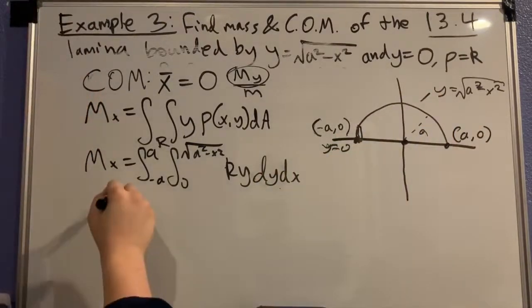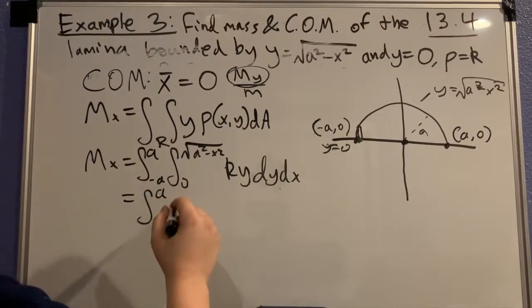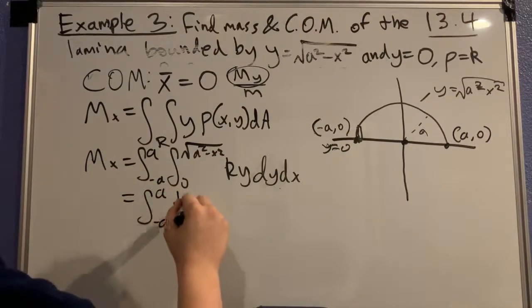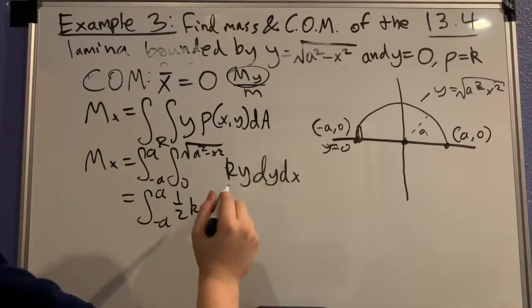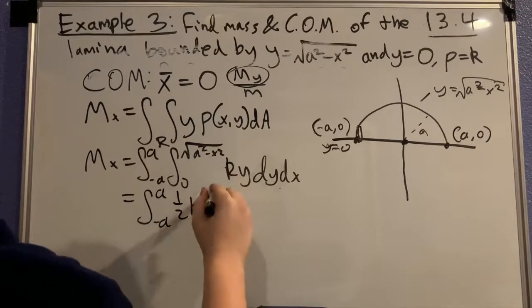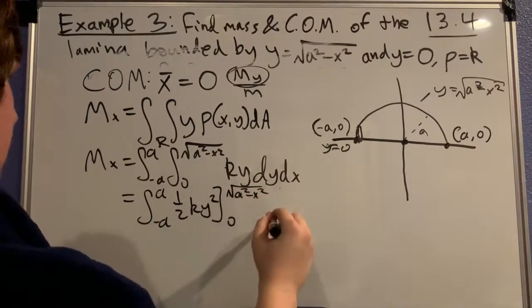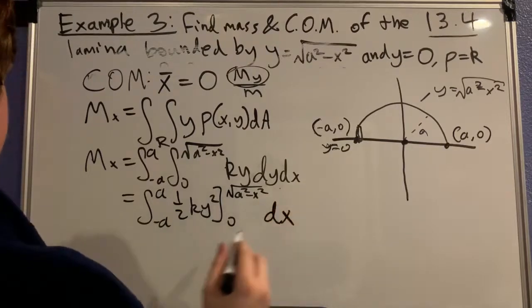So integrate the inside, and you get 1/2 ky squared, because the middle is with respect to y, and that's just from 0 to the square root of a squared minus x squared, and with respect to x.